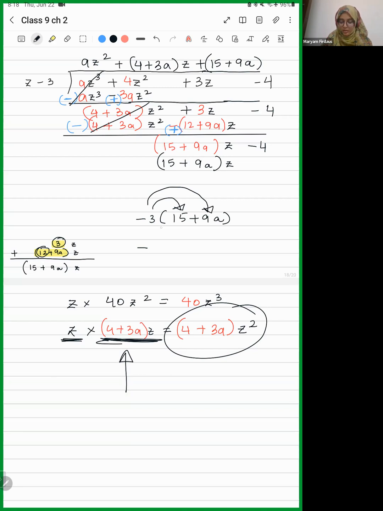So 3 multiplied by 15 is what? 45. You're not able to calculate what is 3 into 15? Then what is 3 multiplied by 9? 27. So minus 3 multiplied with that is, yes.